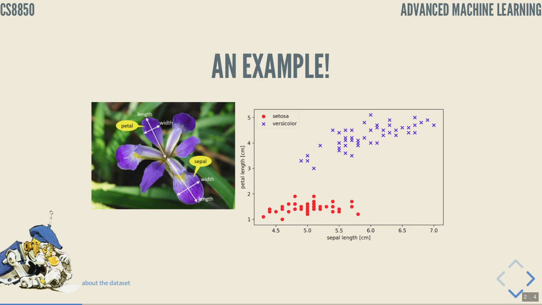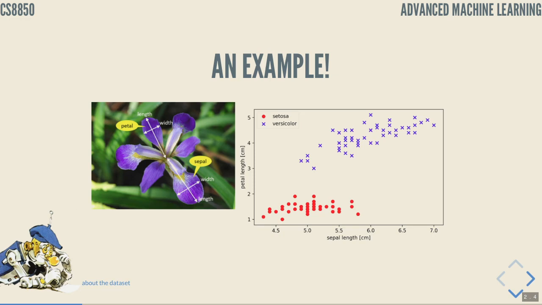This data set is a very famous data set. It's the iris flower data set, or Fisher's iris data set. It's a multivariate data set introduced by the British statistician, eugenist and biologist Ronald Fisher, who actually revolutionized the study of statistics.